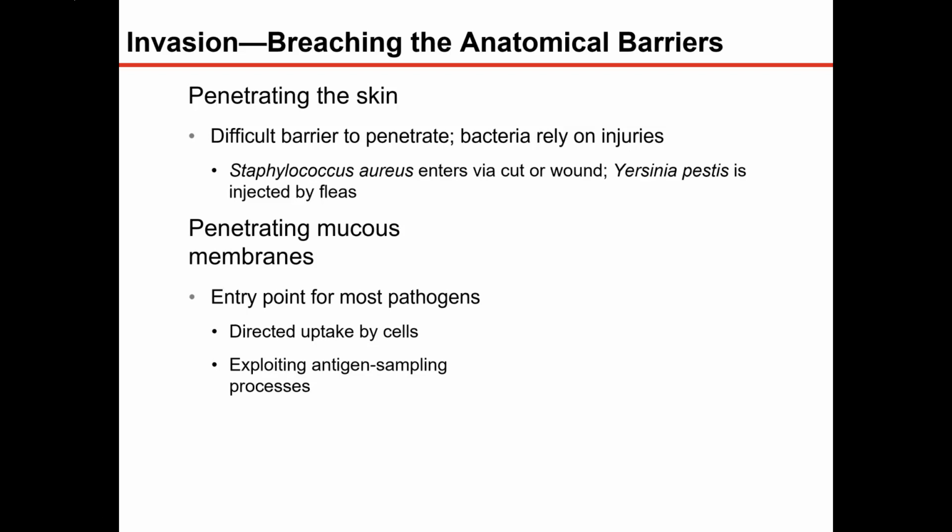And so this is where most pathogens try to get in, through one of these points of entry. And once they get into the mucus, they then can secrete chemicals that cause cells to take them in. Or if they're in the right environment, they might use our own immune system against us by exploiting our antigen sampling process.